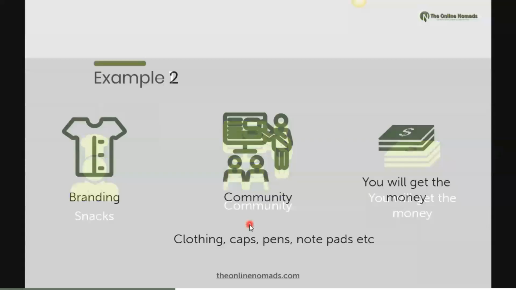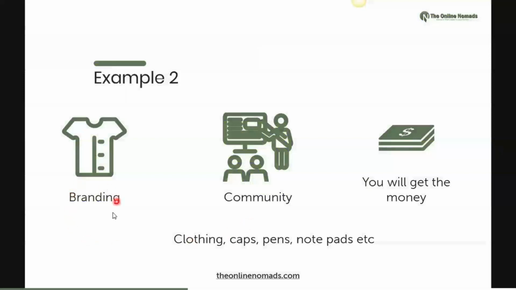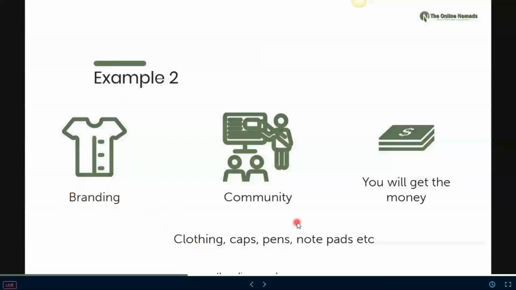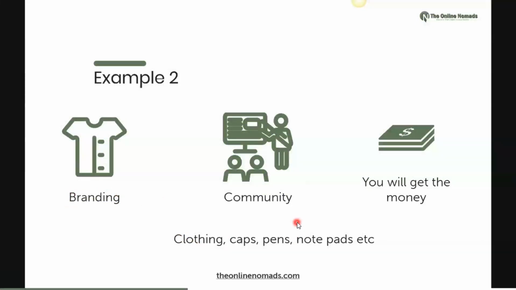That's example number one. Example number two, let's look at branding. There are things like caps, t-shirts, pens, notepads, and any regalia that people want to wear, like shirts, jackets, jerseys, hats, anything with Elamant branding.